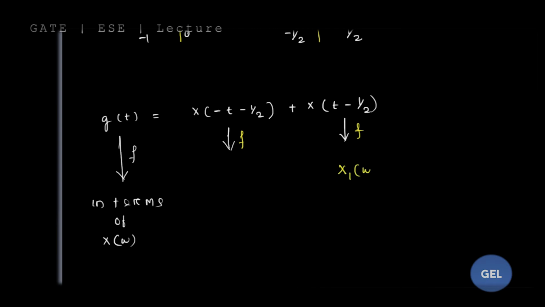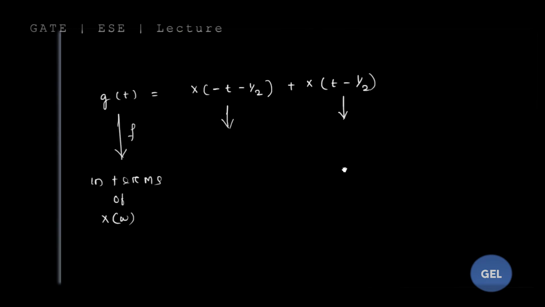If the Fourier transform of this function comes out to be x of omega, and the Fourier transform of this function also comes out to be x of omega, then the summation of these two functions will be nothing but the Fourier transform of g of t. That means they will come in the form of x of omega only, no? Because we know the Fourier transform obeys the linearity property, if it is in an addition format, you can find out the Fourier transform individually.